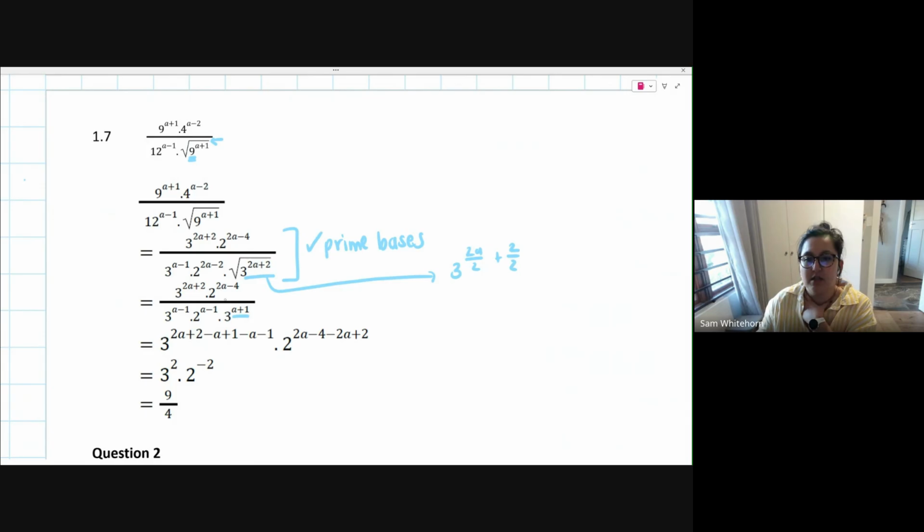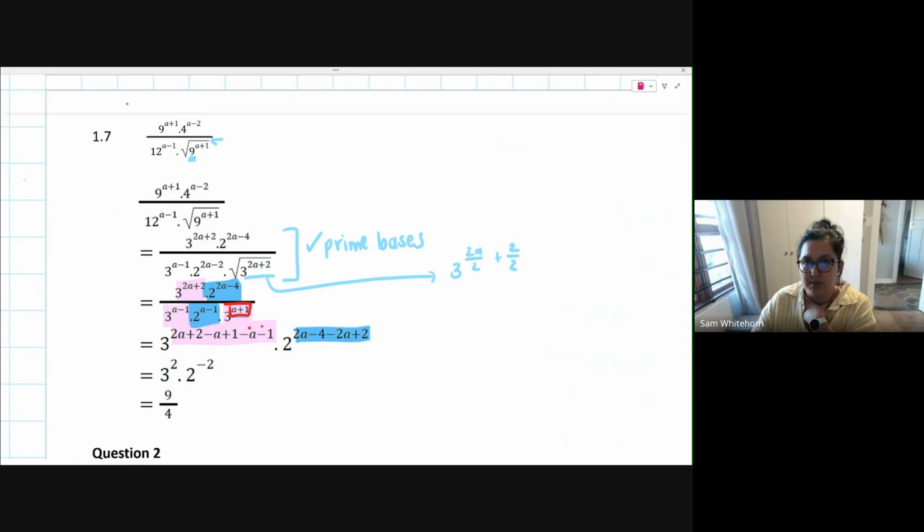We simplify that. We add and subtract the exponents for the like bases. So the 3's, that's all happening there. And just so that we are aware, when we subtract this a minus 1, it becomes minus a minus 1. And then we have the 2's over here, and we simplify to get 9 over 4.